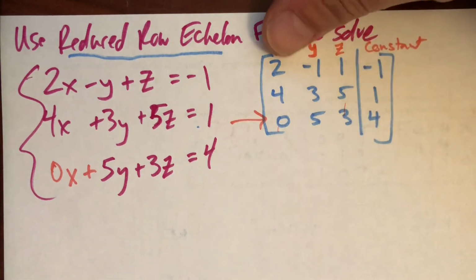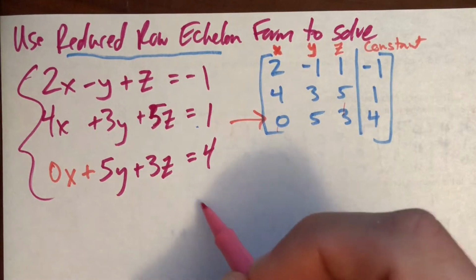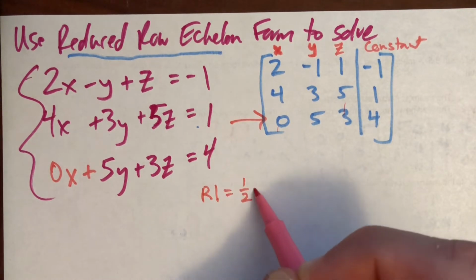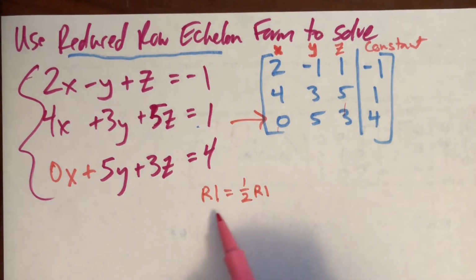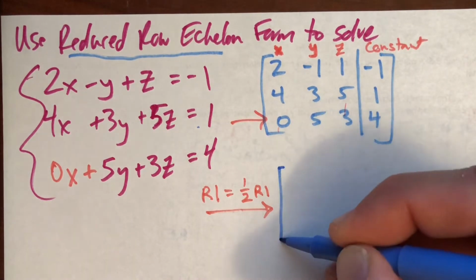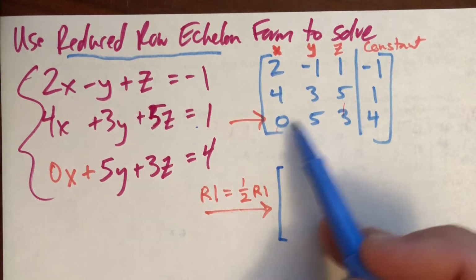First thing I can see here is that we can get a 1 in this position by just dividing everything by 2. So I want to replace row 1 with 1/2 of row 1. I'm just replacing a row with a constant multiple of itself. I'm not going to change these rows around either.